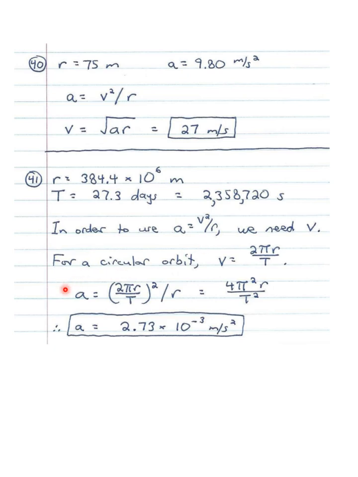So acceleration equals v squared over r becomes acceleration equals 2 pi r over t, squared, over r. I've cleaned it up a bit, so it's 4 pi squared r divided by t squared, and then I can plug in the given information r and t. And I get 2.73 times 10 to the negative 3 meters per second squared.